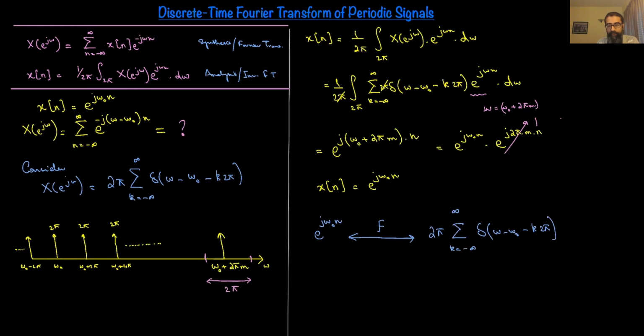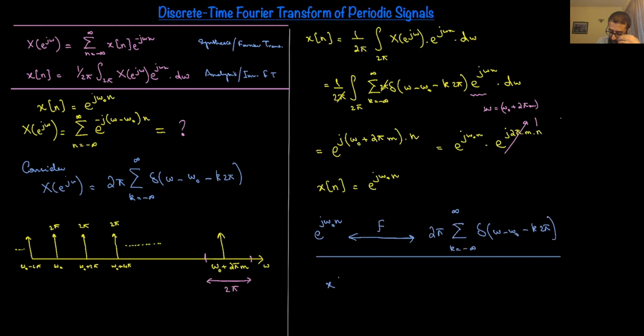This result is enough for us to be able to compute the Fourier transform of any periodic signal. The reason is because any periodic signal that I give you, in this case in the discrete domain, will have a Fourier series representation.